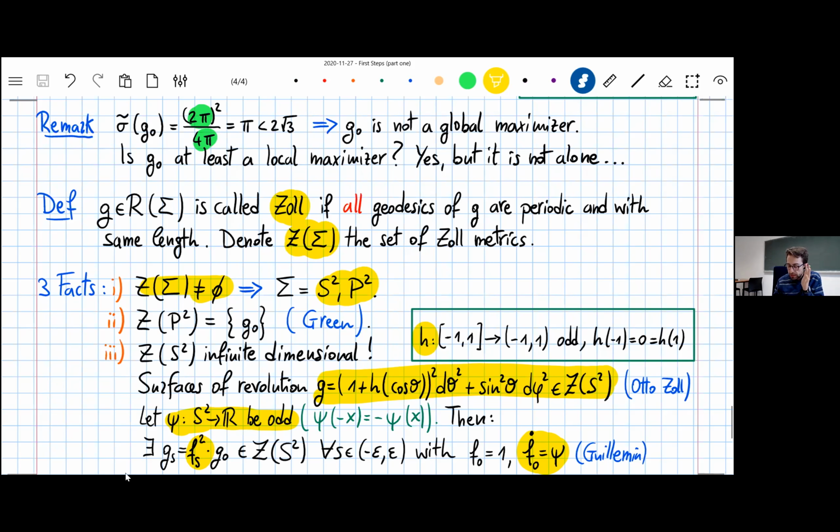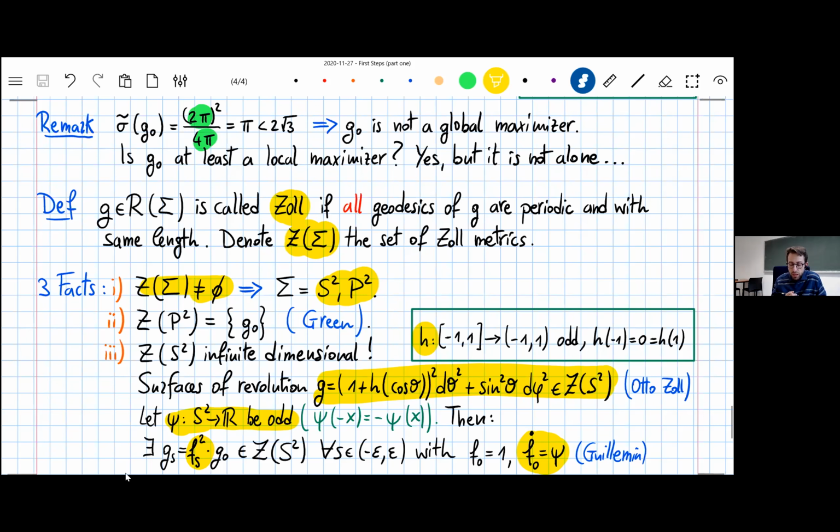This was known since the 20s, or even before. But Guillemin really proved, using the hard implicit function theorem of Nash and Moser, that for every psi you can construct a deformation through Zoll metrics. This in particular means that you have an infinite dimensional space, because these odd functions form an infinite dimensional space.